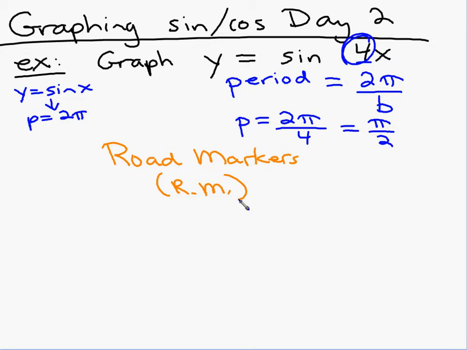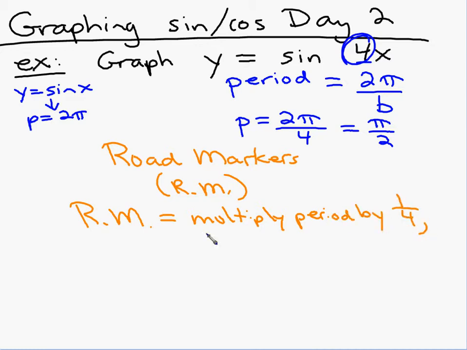Okay? So road markers are found by multiplying the period by 1/4, then count up. And I'll show you how this works. It's very easy. Once you do one of these, it's actually a pretty simple process.